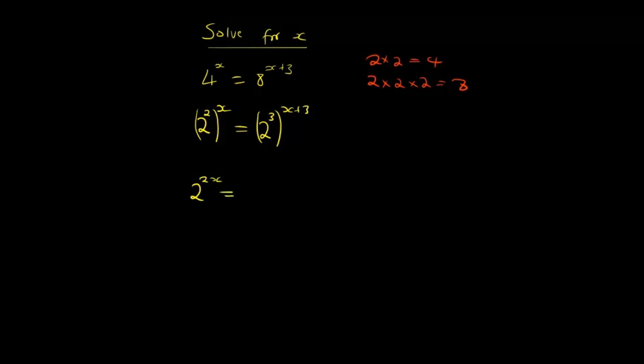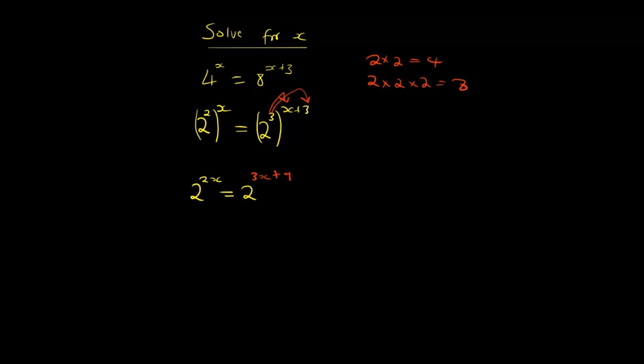This is equal to 2. Now I'm going to multiply 3 by x plus 3. So 3 times x is 3x, and then 3 times 3, which is plus 9. So now I'm expanding the powers.